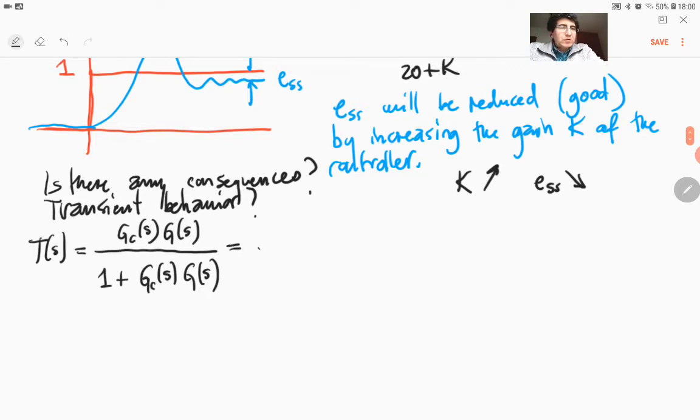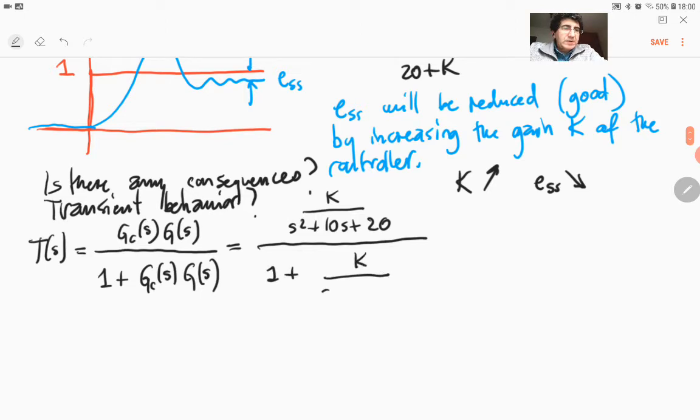Okay, so for our case, this is going to be K over s squared plus 10s plus 20, divided by 1 plus K over s squared plus 10s plus 20.